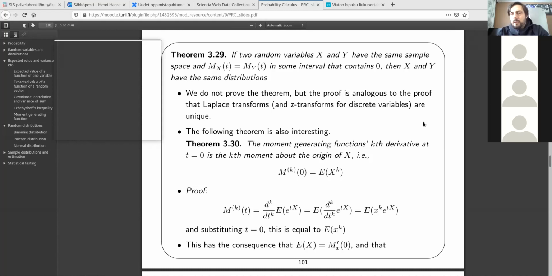The proof is completely analogous to the proof that uses Laplace transforms and shows that if the Laplace transform is the same in some non-trivial region of convergence, then these functions are the same except for a set of measure 0 or something like this.